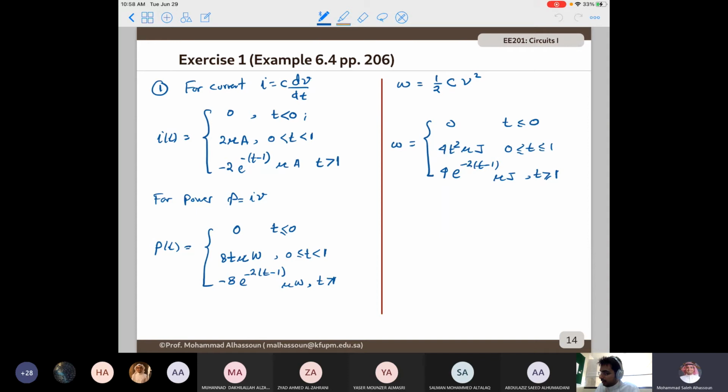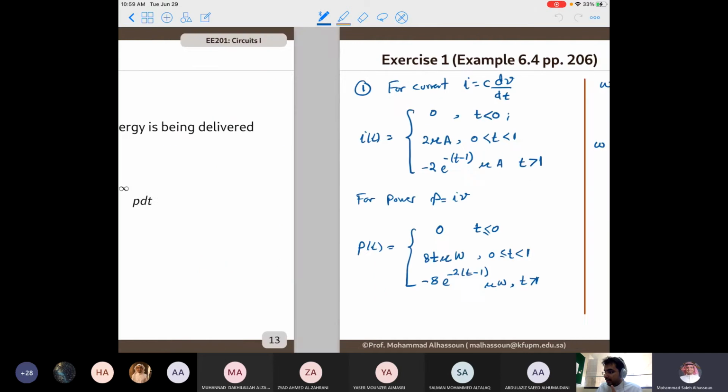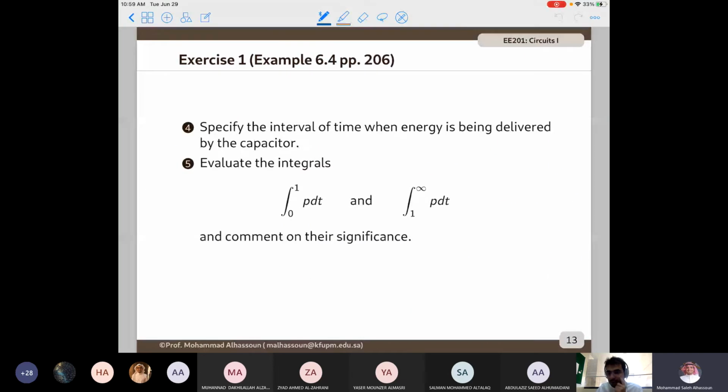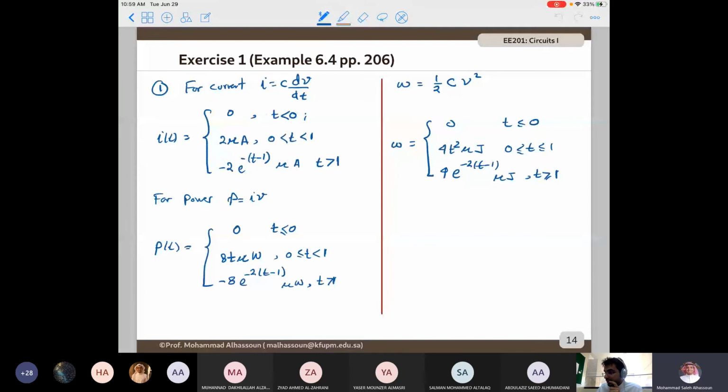No. In this case, you're asked to find the energy from 0 to infinity, so over an interval, and to actually evaluate this integral. If you substitute, you will get the value of the energy at a specific time instant, not over an interval. Clear?